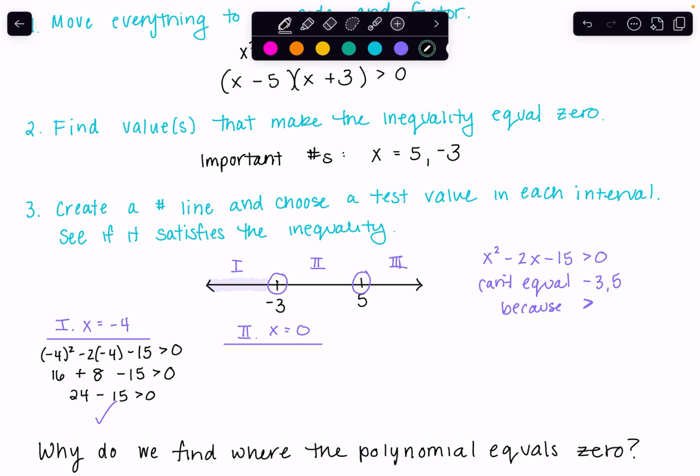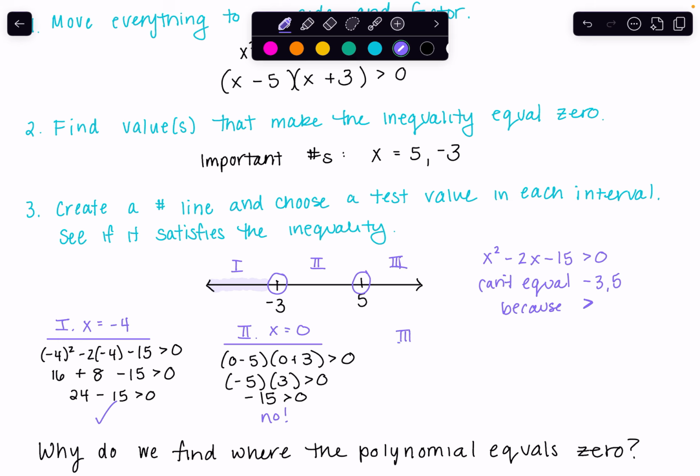So if I plug 0 into that, that would be 0 minus 5 times 0 plus 3 needs to be greater than 0. Negative 5 times positive 3 is a negative number. Again, I don't need to actually multiply that out. Negative times a positive is not positive. So unfortunately, this interval does not work. So nothing I picked in there would work.